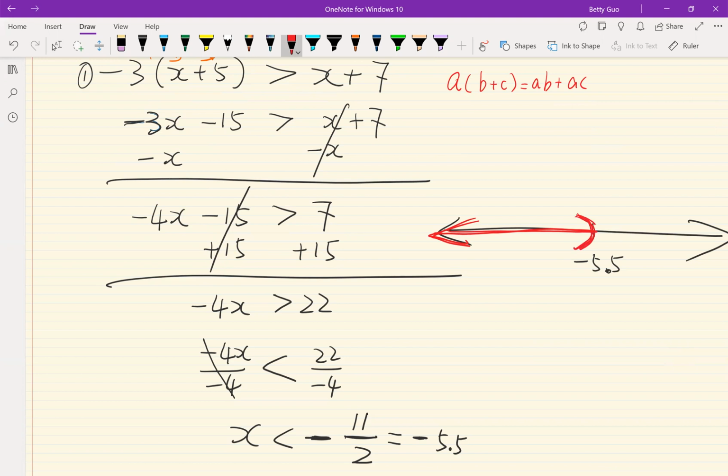Yesterday we learned this because this point is excluded. Negative 5.5 is not a solution. Does that make sense? So when the endpoint is excluded, we use parentheses. Otherwise, if the endpoint is included, we use bracket.